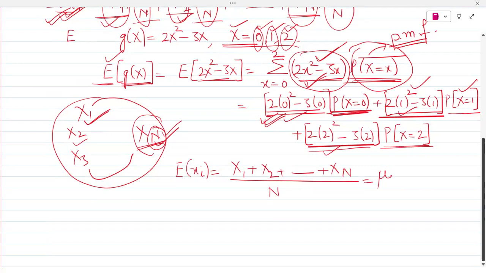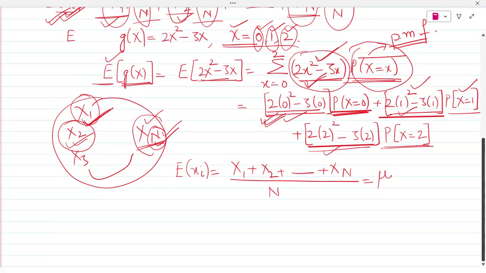Every population value, capital Xi, has the same probability of being in our sample. X1 will have the same probability of being in the sample, and even x2 will have the same probability. Means we will not give preference to any population value to be in our sample.